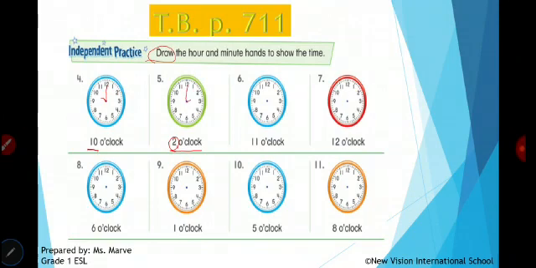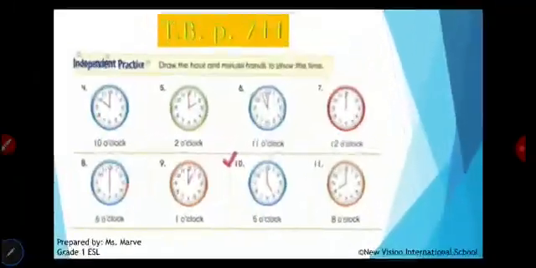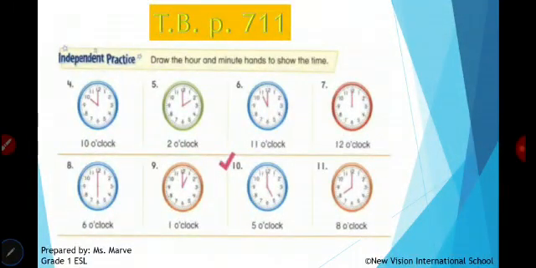Now I will give you a few minutes to answer numbers 6 to 11. Start. Great. Now we're going to check if our answers are correct. There. You can pause the video to draw the correct answer of the clock.